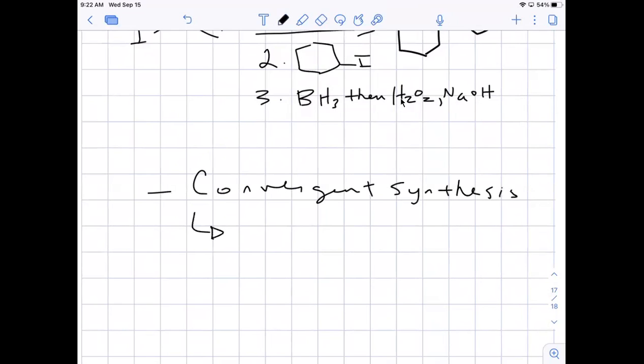Right, and that is merging fragments together. So you synthesize fragments separately and then merge them together.